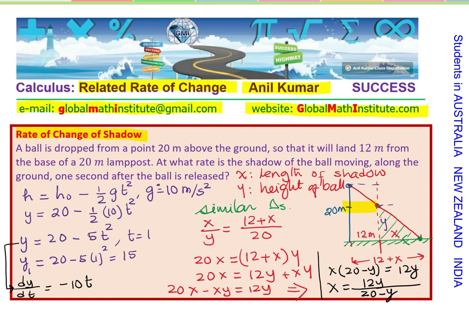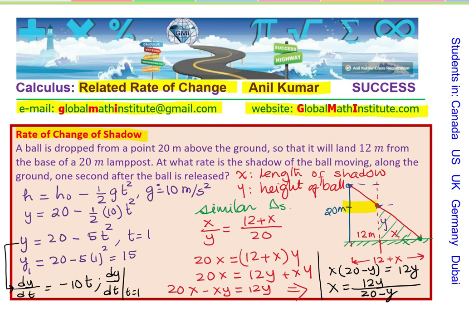So dy/dt is minus 10t, and when t equals 1, dy/dt is minus 10.